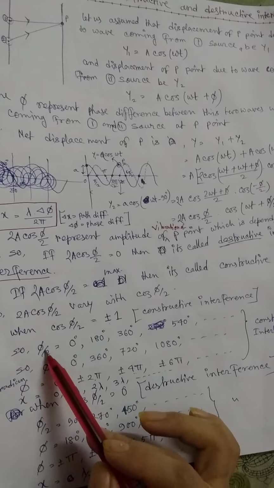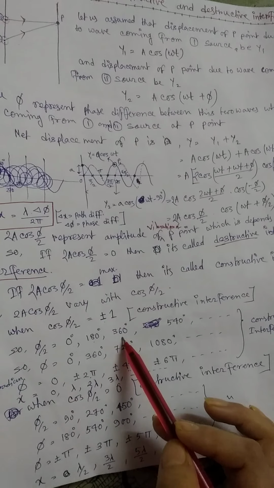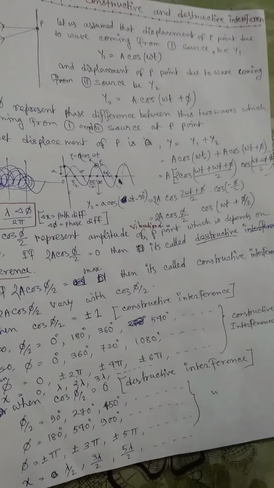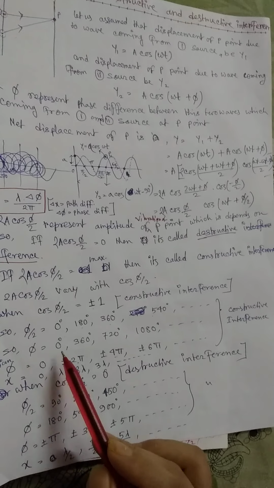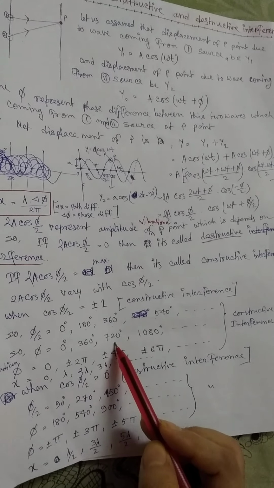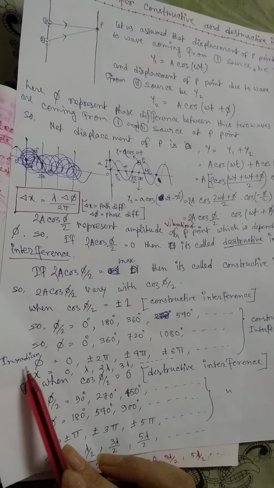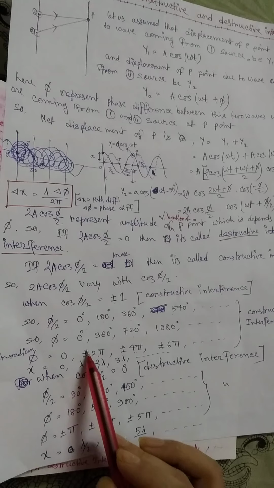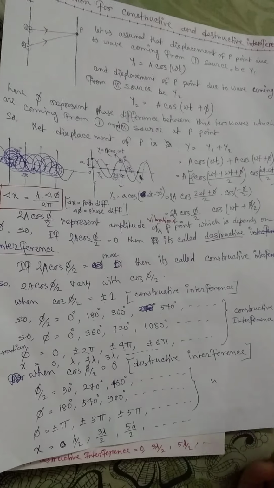So phi by 2 can be 0 degree, 180 degree, 360 degree, 540 degree, and so on. That means phi equals 0 degree, 360 degree, 720 degree. In radian, phi equals 0, plus minus 2 pi, plus minus 4 pi, plus minus 6 pi, and so on.